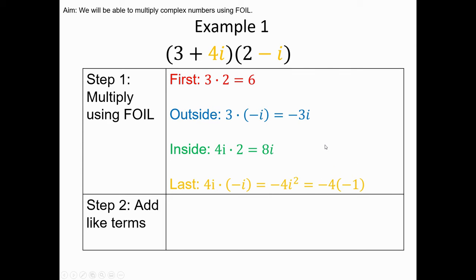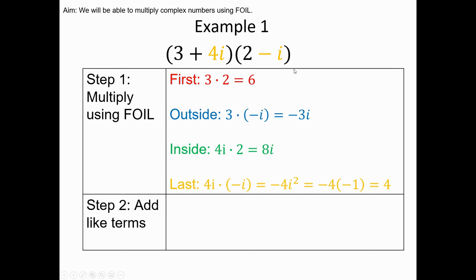So if we ever have this situation where we're multiplying two terms that have i in them, it will become -1. And so -4 times -1 becomes a +4. That is the big difference between what we've been doing and what we've done in the past: when you're multiplying two terms with i, i squared becomes -1, and that -1 just multiplies by whatever's in front, which is -4, and that becomes a +4.